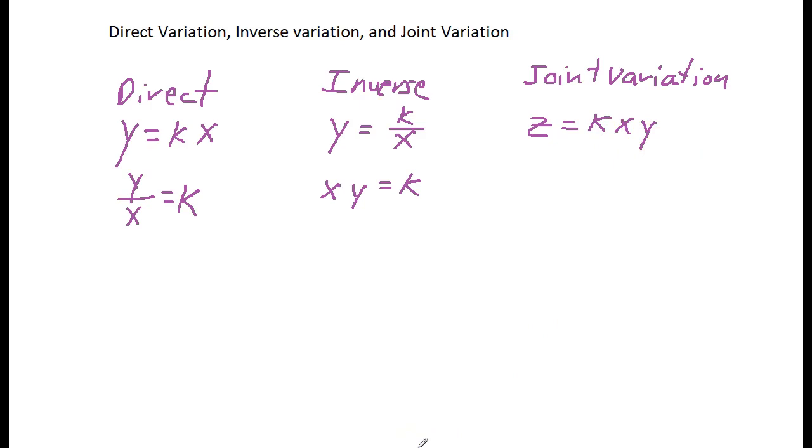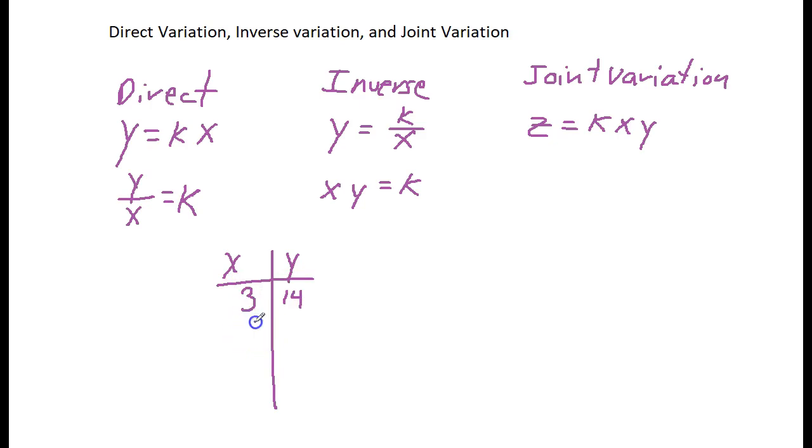Now, let's look at a problem where we're going to decide if we have direct variation, inverse variation, or neither one. So if I were to make a table with x values and y values. When x is 3, y is 14.